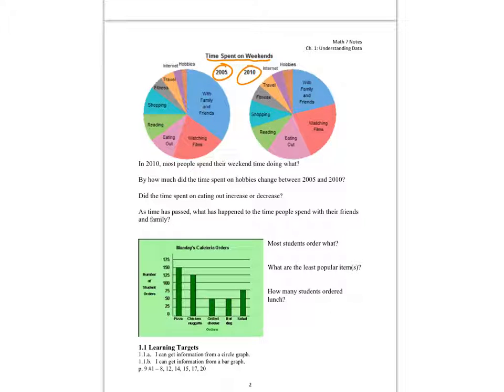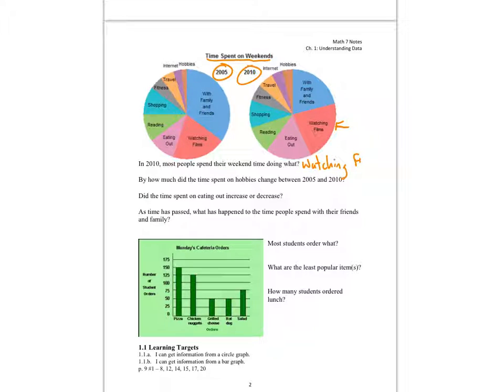In 2010, most people spend their weekend time doing what? Are we looking for the smallest size or the biggest size? We're looking for most people, so the biggest. Which one do you say is the most in 2010? Watching films with family and friends.